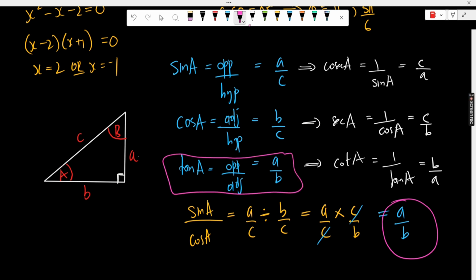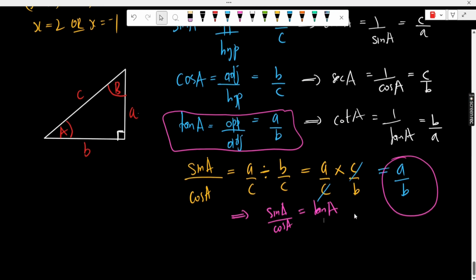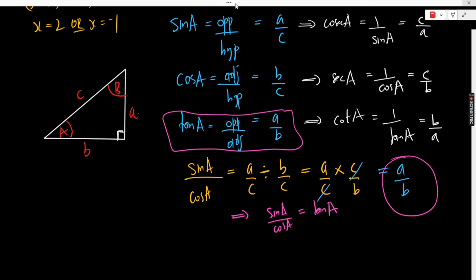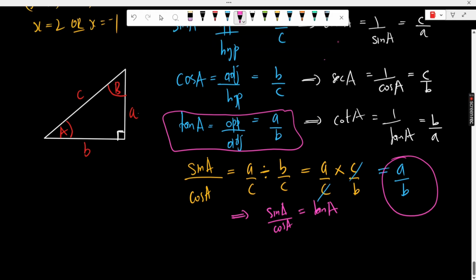So what this actually shows is that sine A over cos A is equal to tan A. And while this is just one right angle triangle which we used to prove it, it remains true. So this is essentially our first trig identity. The sine of angle A divided by the cosine of angle A is equal to the tangent of the angle.